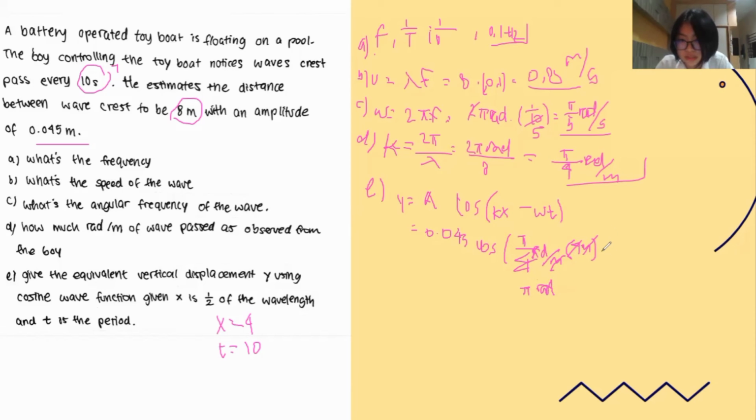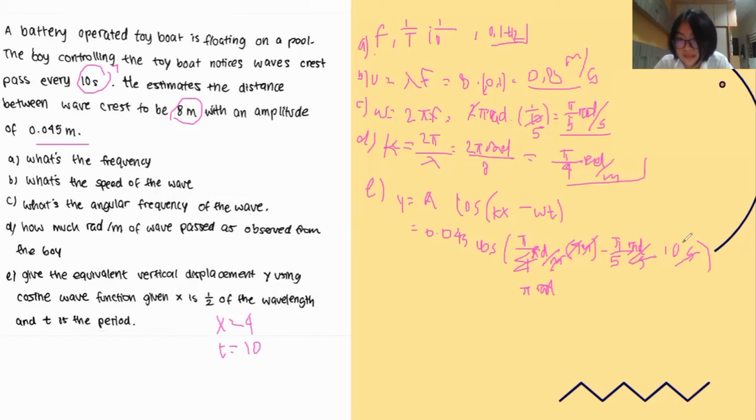Sorry, using a mouse is kind of hard. And then now minus omega, which is pi per 5 rad per second, times the time, which is 10 seconds.